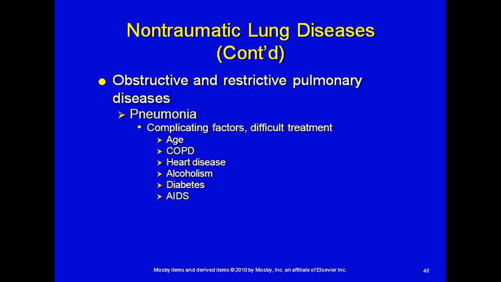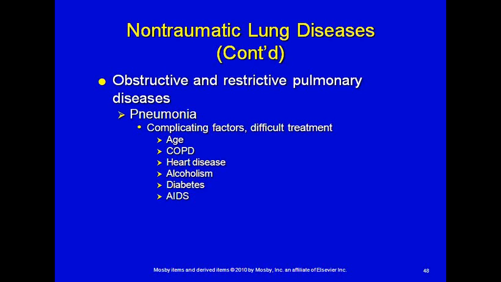Complications that certainly make pneumonia more difficult to treat, as well as make pneumonia carry a higher mortality rate, include age. Again, I mentioned that the very old certainly don't tolerate pneumonia well. If a person has pre-existing chronic obstructive pulmonary disease and they get pneumonia, that can lead to death as well.